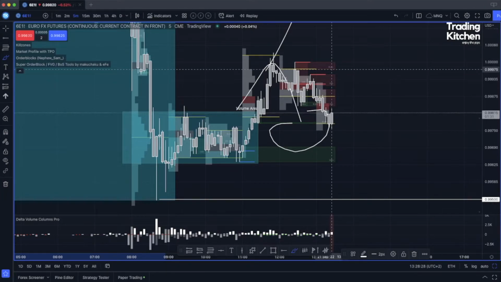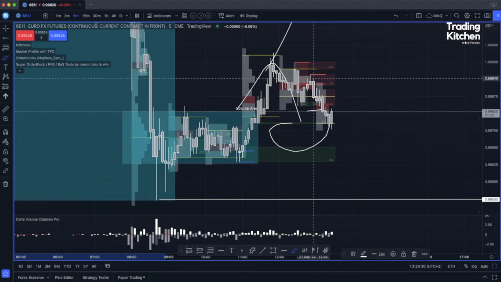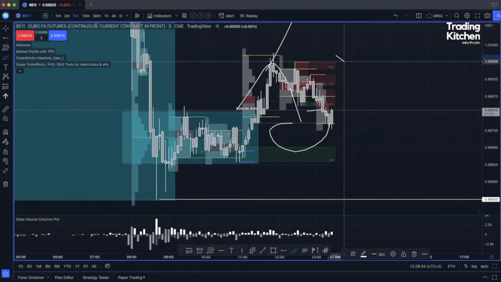Right now, these are two potential volume areas in which a quick scalp could be good, and this as well. This is for all the intraday movement.